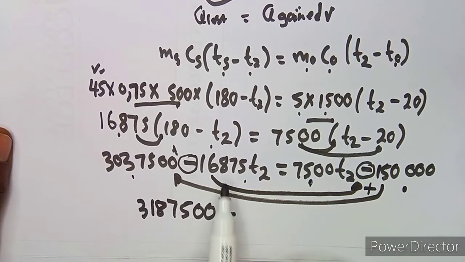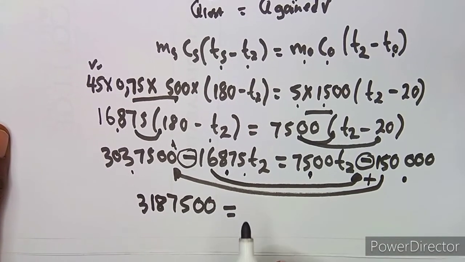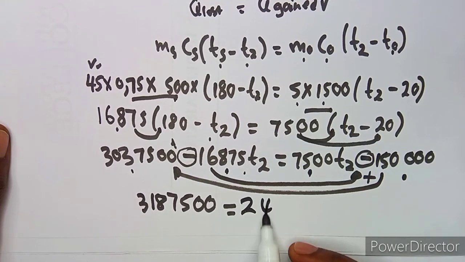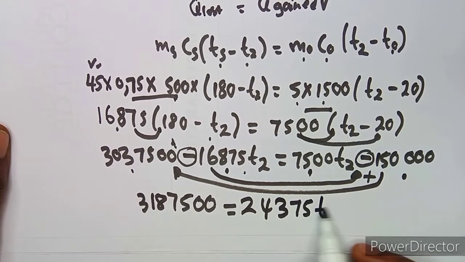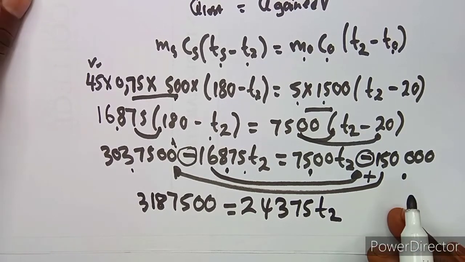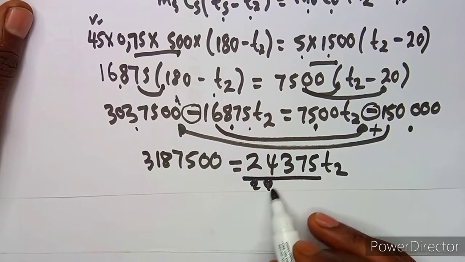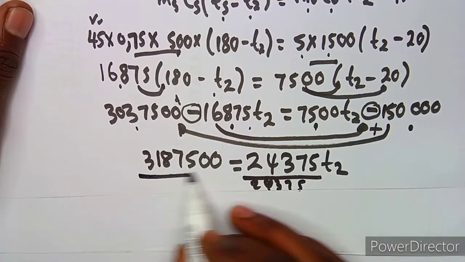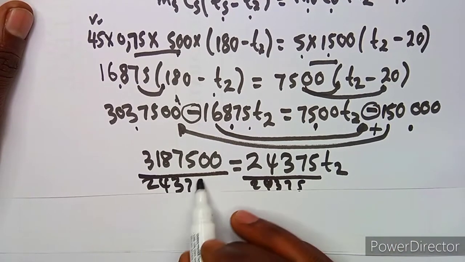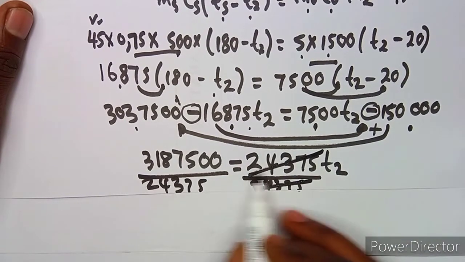So it's this value plus this value. So it's going to be 24375 T2, like this. All right, so remember, you want to find T2, so definitely you have to divide by 24375 by 24375. So this can cancel, you remain with T2.